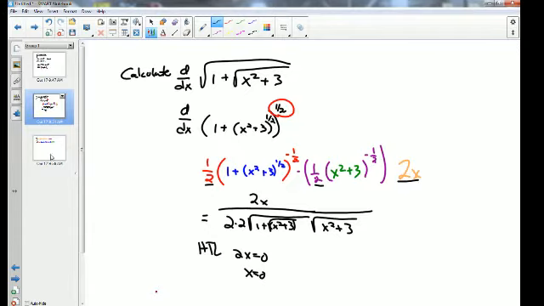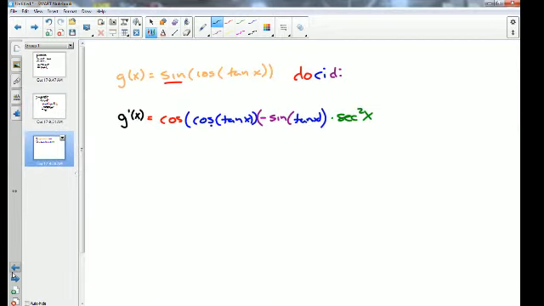Okay, so chain rules. You might run into some problems that are word problems. Just give them your best shot for now, okay? Some of you I know are confused.